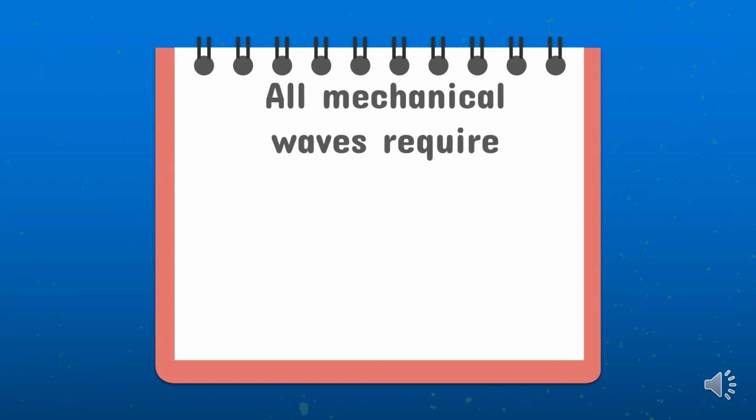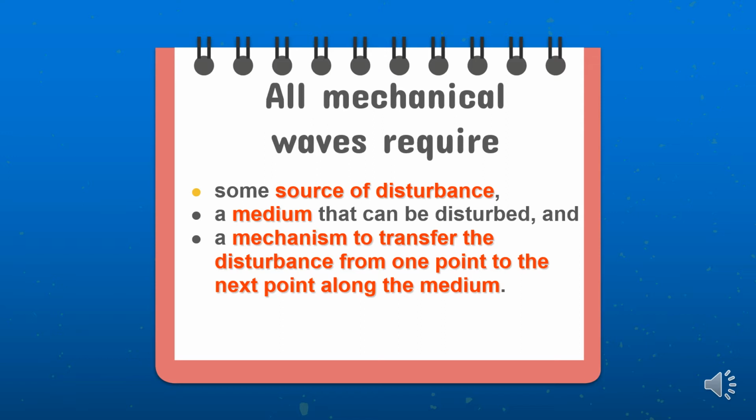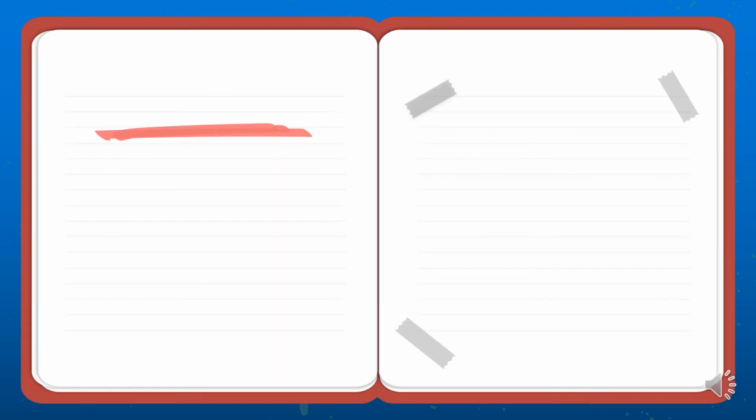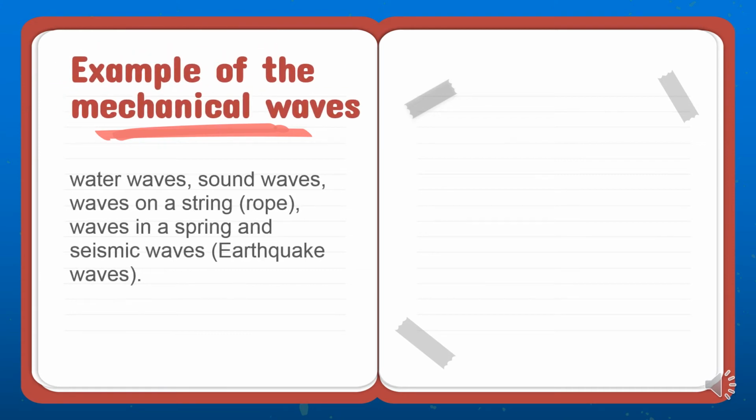All mechanical waves require: first, some source of disturbance; second, a medium that can be disturbed; and third, a mechanism to transfer the disturbance from one point to the next along the medium. Examples of mechanical waves: water wave, sound wave, wave on a string or rope, wave in a spring, and seismic wave or earthquake wave.